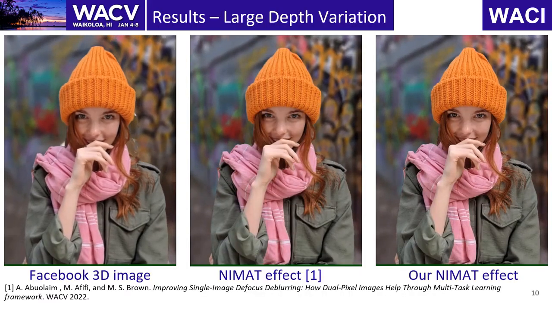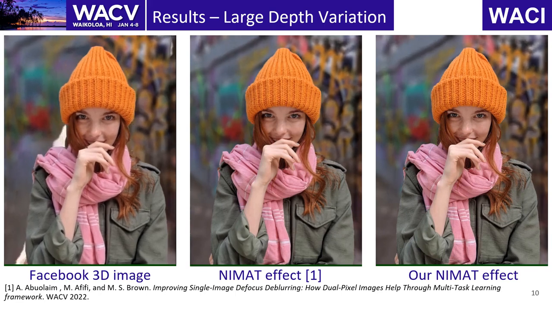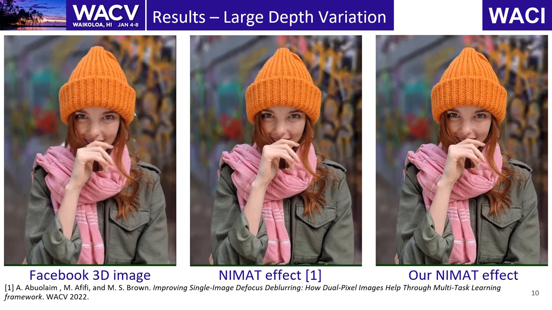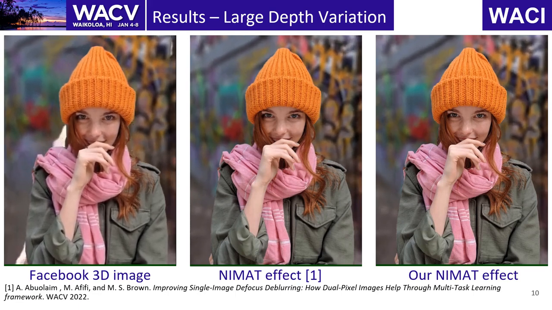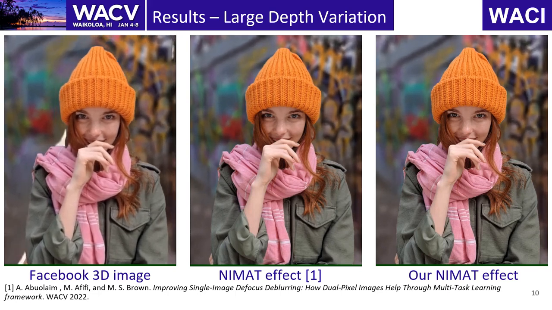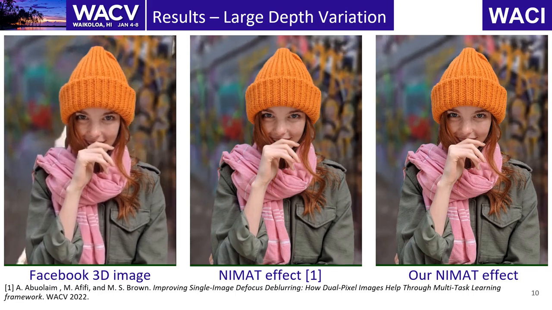As for qualitative comparison, we provide the animated image motion or dynamite effect of different approaches. In particular, we compare ours with the results of the Facebook 3D image and the previous dynamite effect. In this comparison here, we have a large scene depth variation where the blur size varies from small to large.